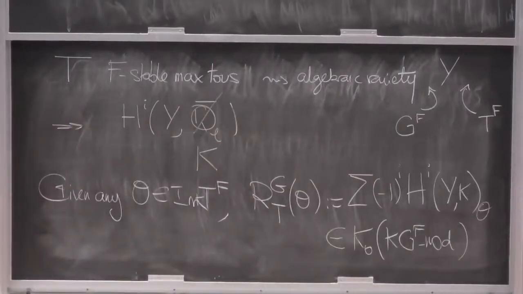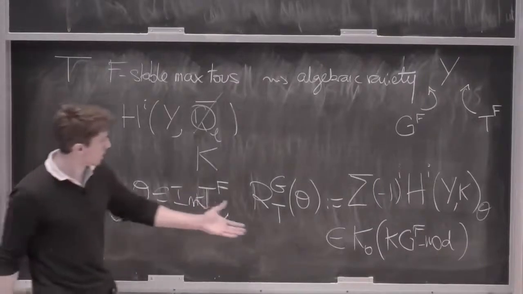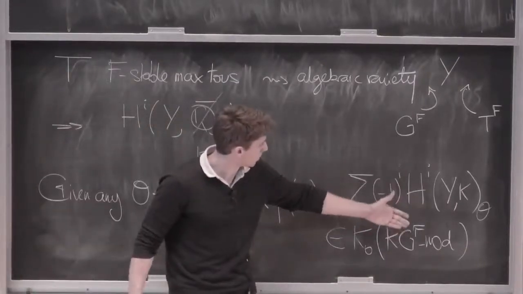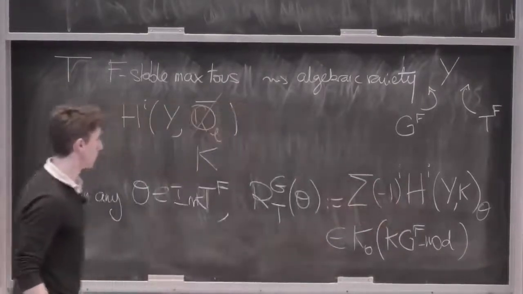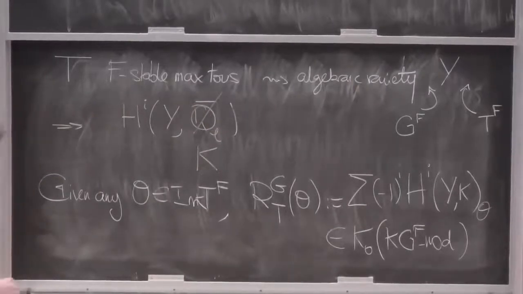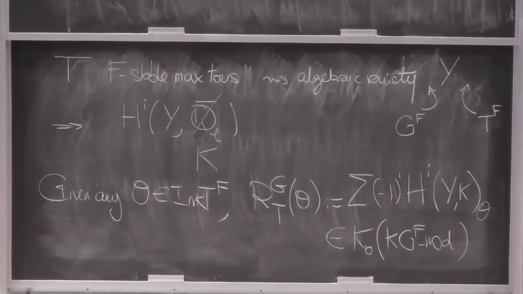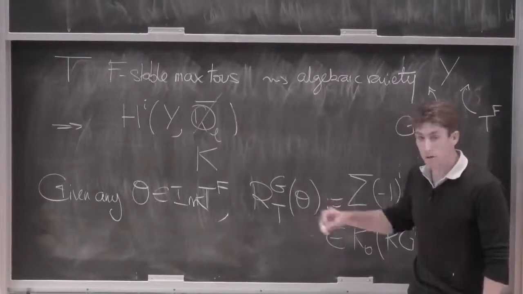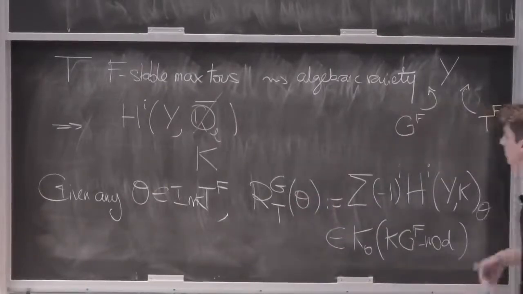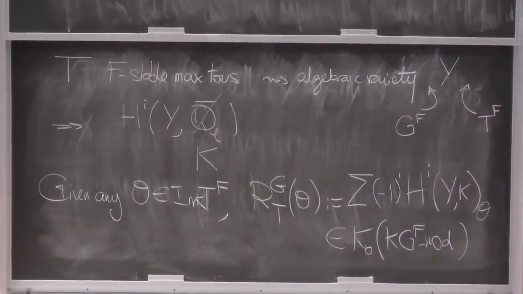Okay, you can think of it as a central function or as a linear combination of characters, but with possibly non-positive coefficients. So that's for characteristic zero, and there are two really important properties of these Deligne-Lusztig characters. The first one is that they're really helpful in the sense that every irreducible character will occur in some Deligne-Lusztig character.